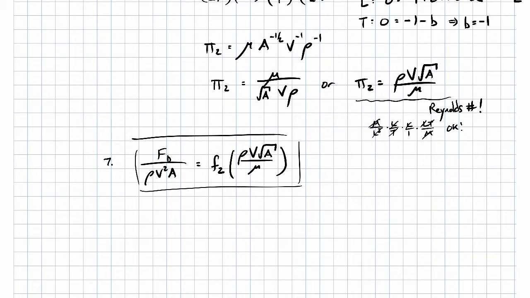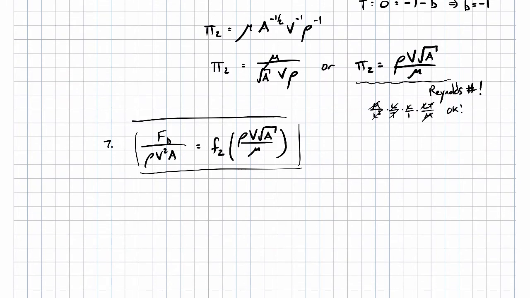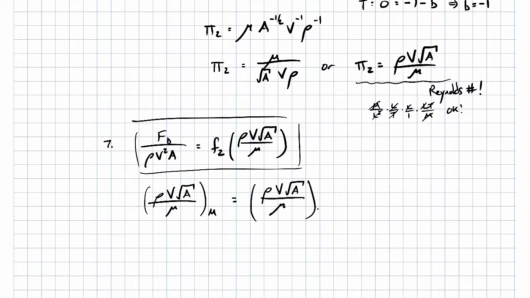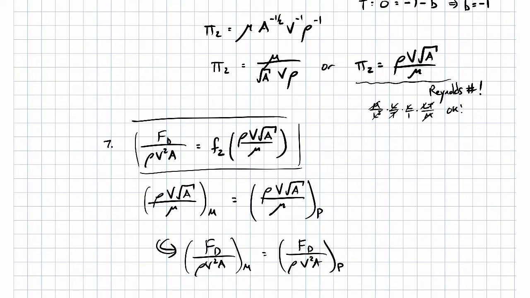This is an important part of knowing how to scale results. So let me just write this down in words. If the Reynolds number, it's not really words, but an equation. So if the Reynolds number in the model and the prototype is the same, so if those are the same, then for sure I'm guaranteed that the drag coefficients will be the same between the model and the prototype.